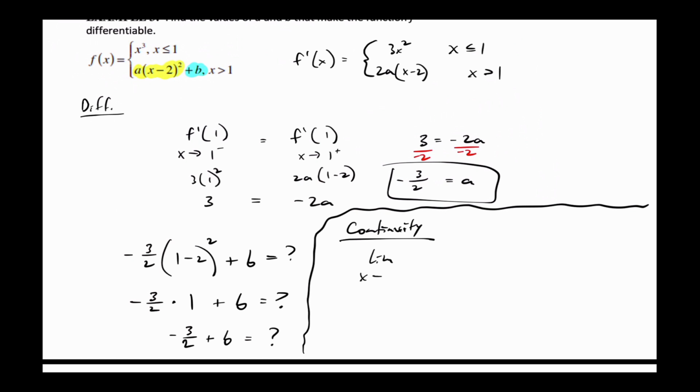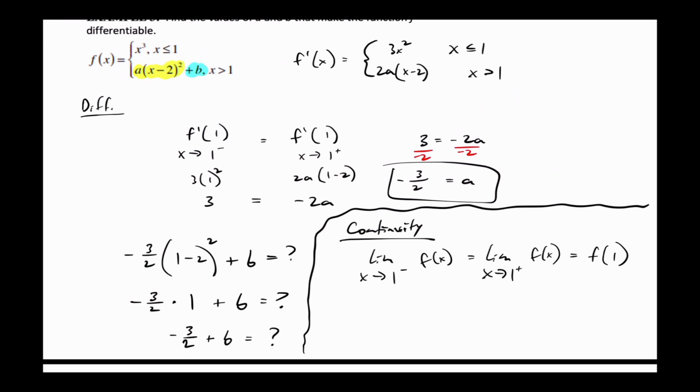So the limit as x approaches 1 from the left, equals the limit as x approaches 1 from the right, which is equal to f of 1. I dropped the overall limit, because if those two are equal, then the limit is equal. So even though I don't need to check for continuity, I need something to equal it. So I need another equation.